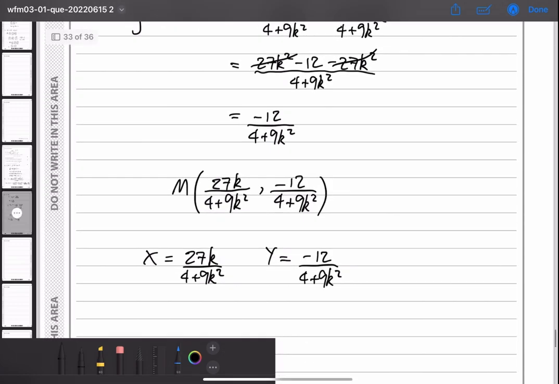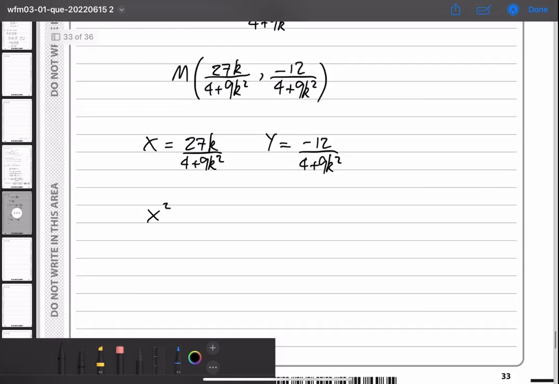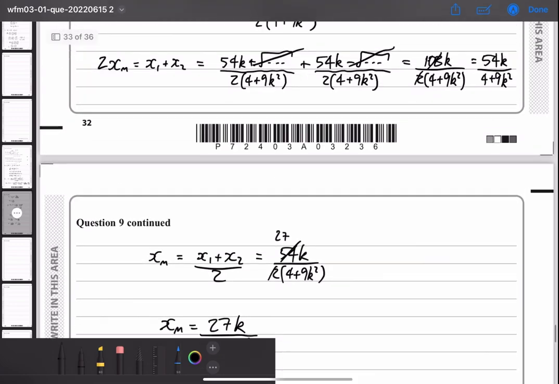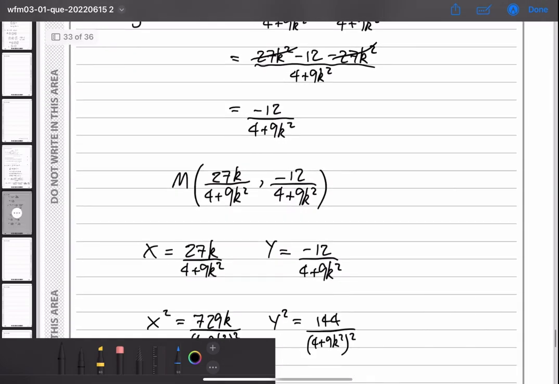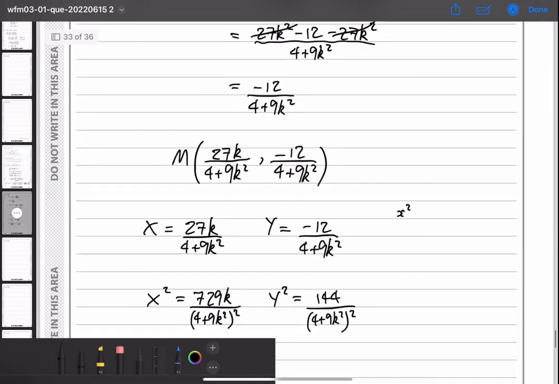So squaring X, we get 27 squared, 729k squared over 4 plus 9k squared squared, I'll leave that. And the Y squared, 144 over 4 plus 9k squared squared. And then we are looking for X squared plus pY squared equals qY.